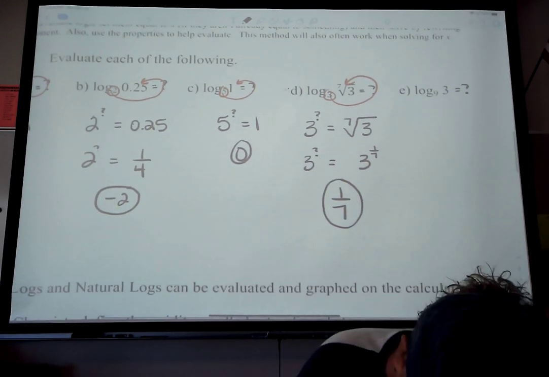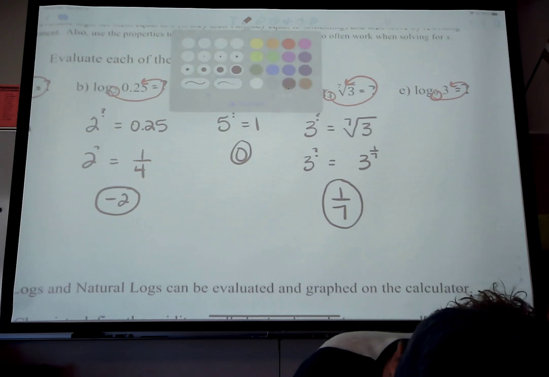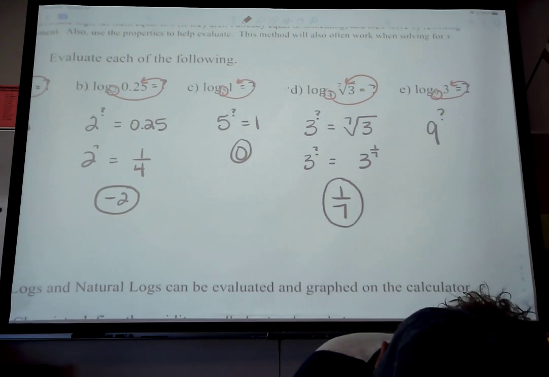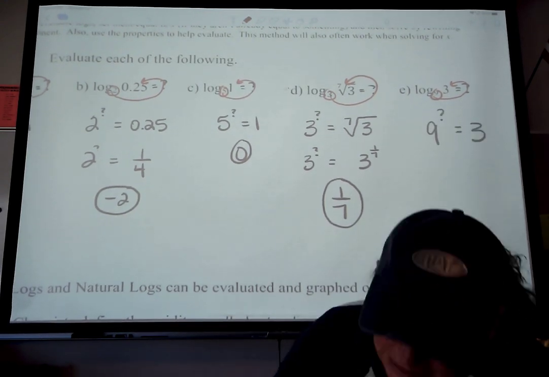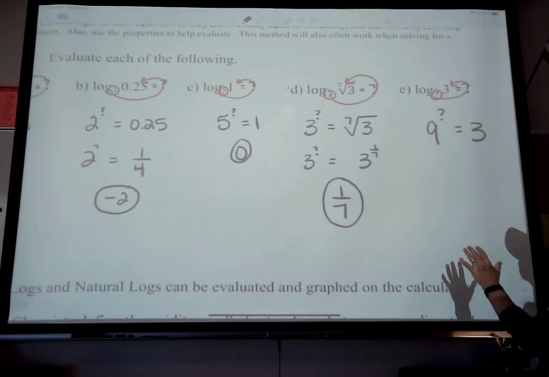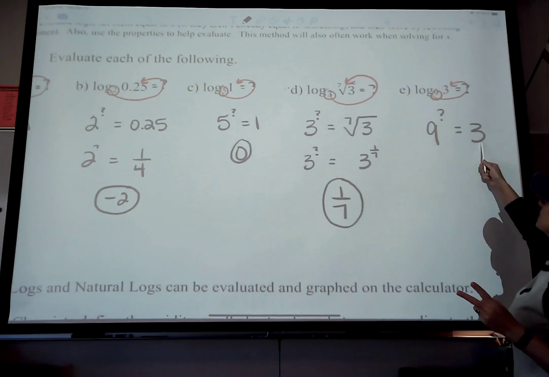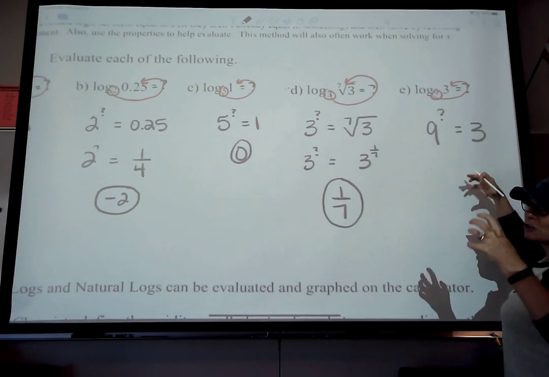And the last one, base, swirl around, 9 to the what power is 3? Well, this one's kind of tough because you got 9, and then if you square it, you got 81. We are clearly going in the wrong direction. We need to shrink it.